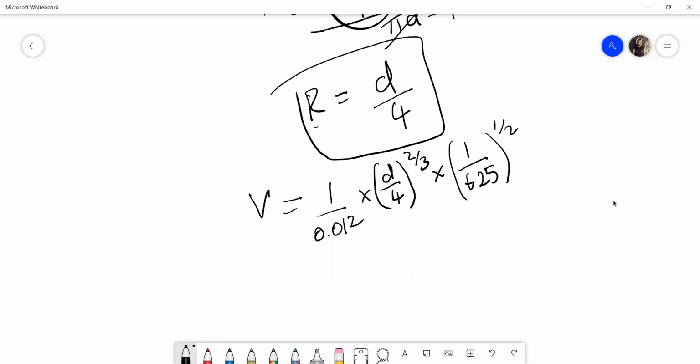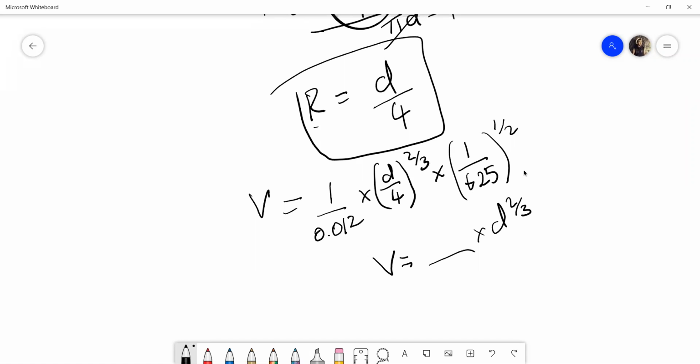So what is the value of V? V is equal to some number into D to the power 2 by 3. Tell me the answer. Calculate it fast: 1 by 0.012 into D to the power 2 by 3 divided by 4 to the power 2 by 3, into 1 by 625 to the power 1 by 2.